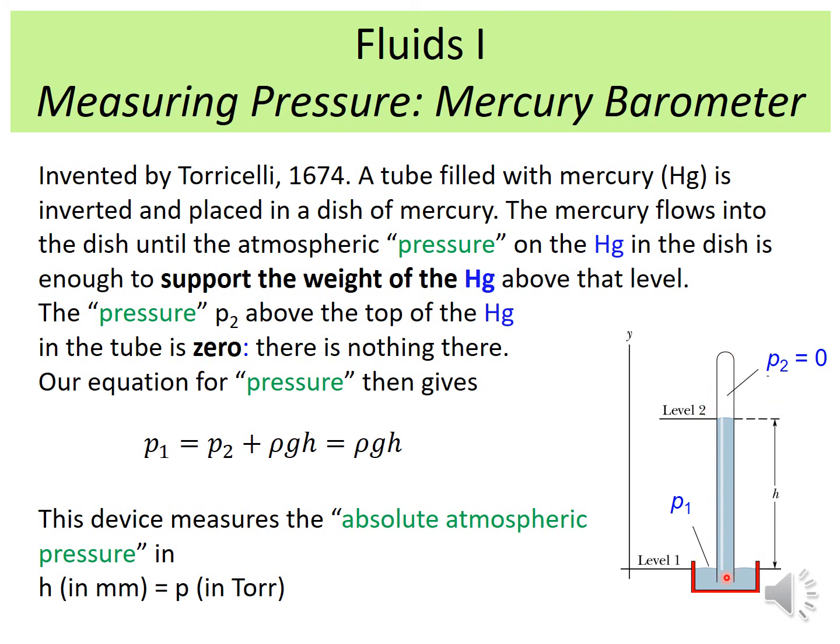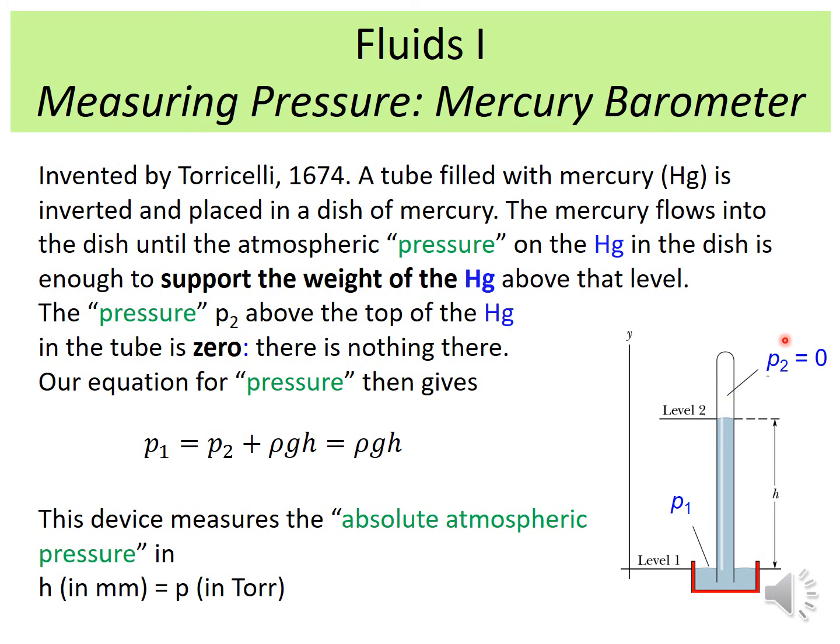mercury bath. And then what you see is that you basically have mercury flowing into the bath here, and it will stabilize at that point where the pressure here from the atmosphere is going to support the weight of this column of mercury. And then from the level here, you can go directly ahead and figure out what the atmospheric pressure is, because in this area here, there is no mercury left.